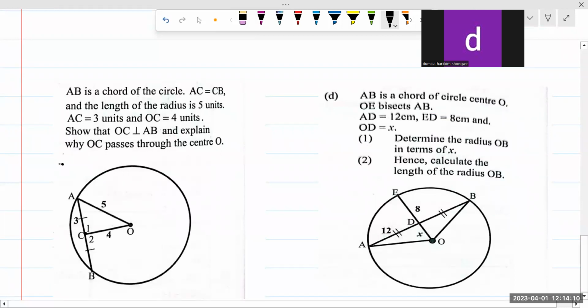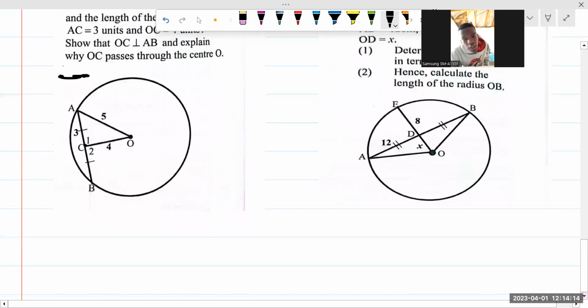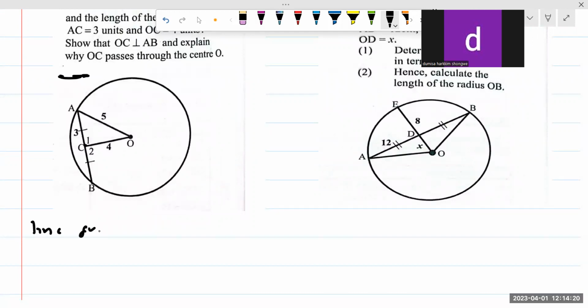Let's look at this one here. That one is the line from the center to the midpoint of the chord. So this one you are saying is the line from the center to the midpoint of the chord.